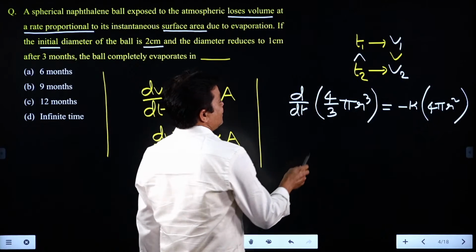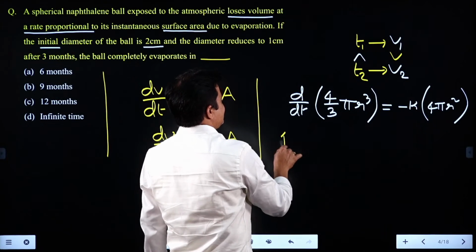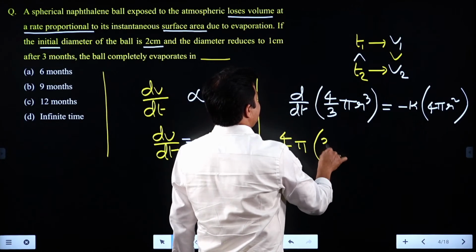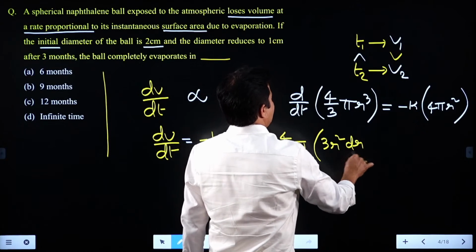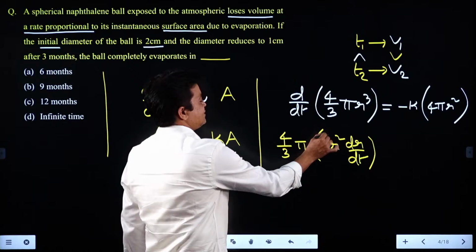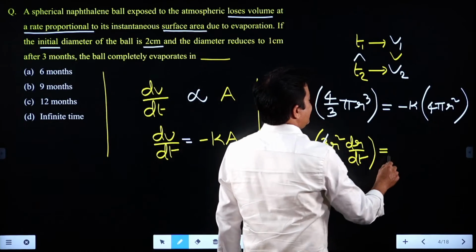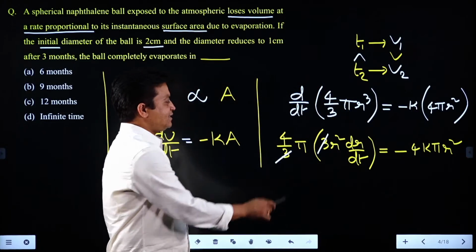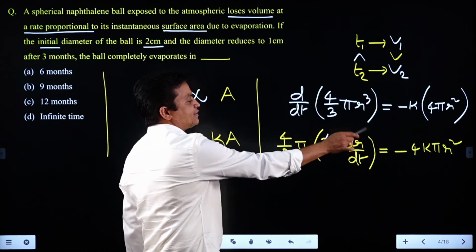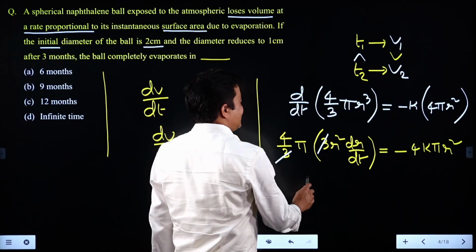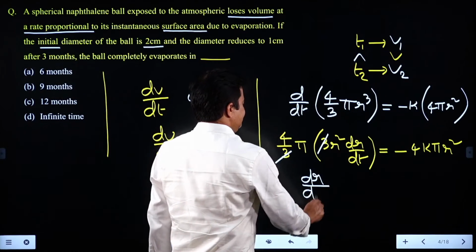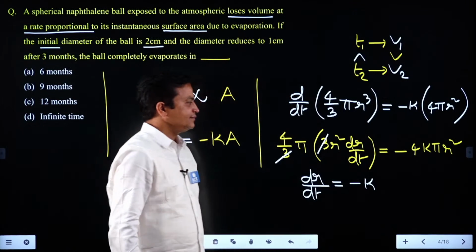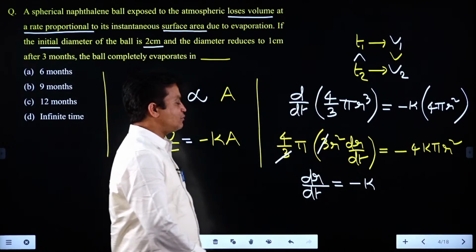Now naturally differentiate. 4 by 3 into pi are constants. Only r cube differentiates to 3 r square dr by dt. Then these 3 cancel. Right side, minus 4 k pi r square. You observe 4 pi and there 4 pi, r square getting cancelled. Simply it is dr by dt equal to minus k. 4 pi r square getting cancelled on both sides.